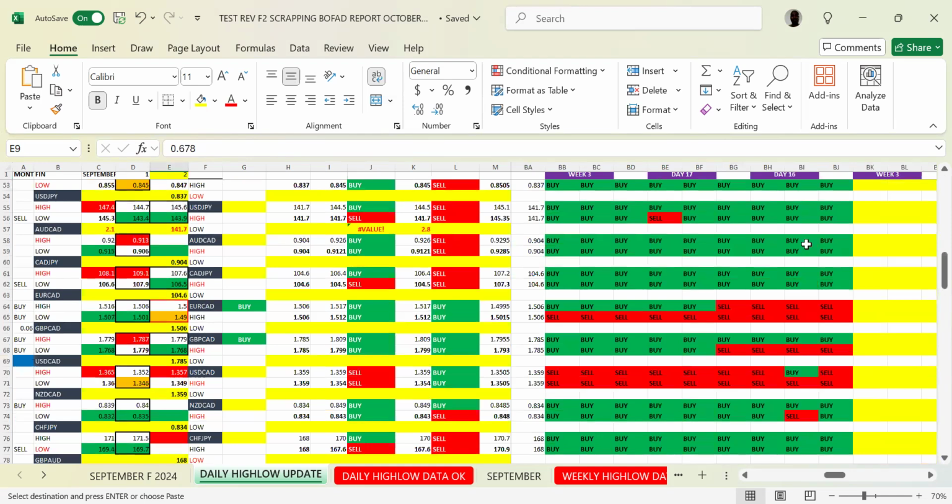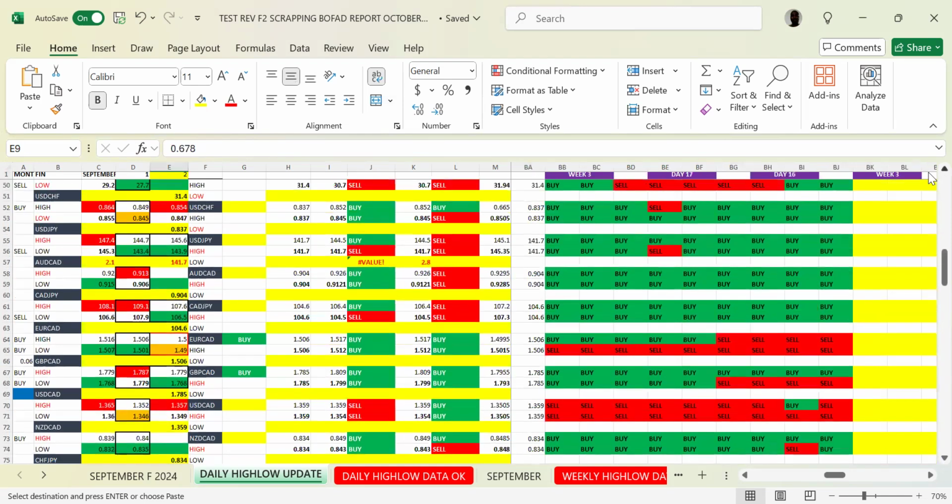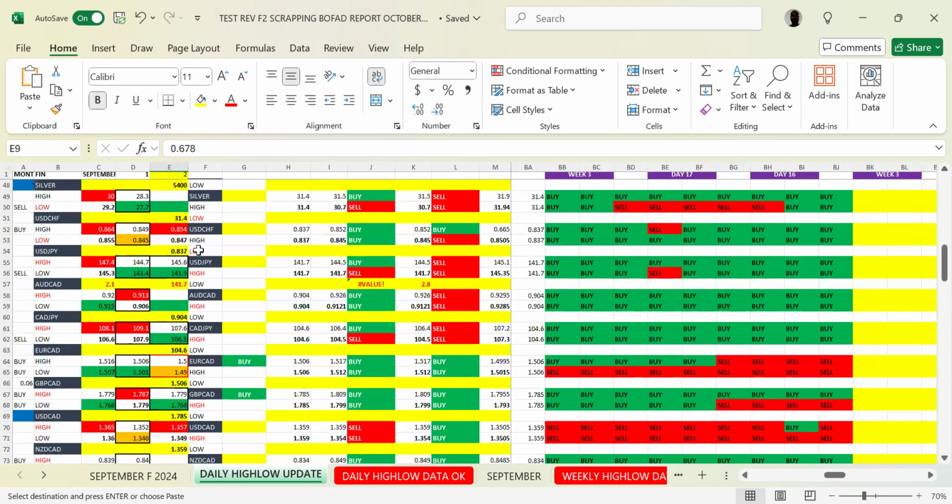So here, for example, I think I'm on S&P 500. Yep, so we're on S&P 500.